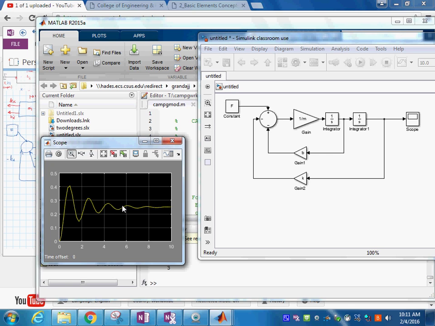If you don't get the equations, you don't get this block diagram either, because the block diagram is a mathematical representation of the differential equations. Okay. So I hope this introduction has been helpful to look at how to do the same example both ways.